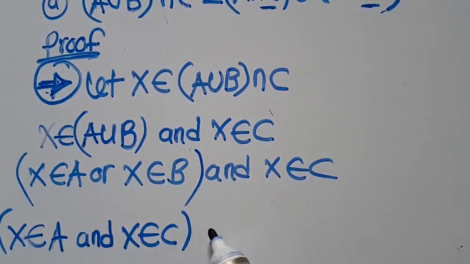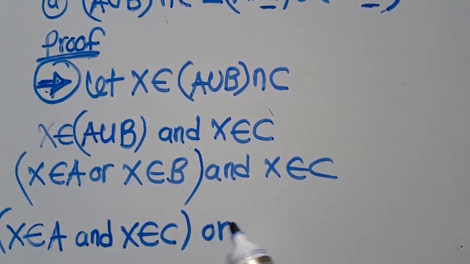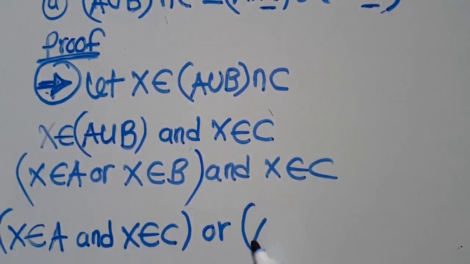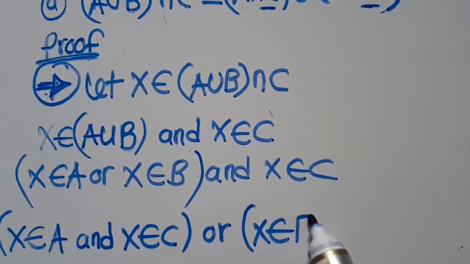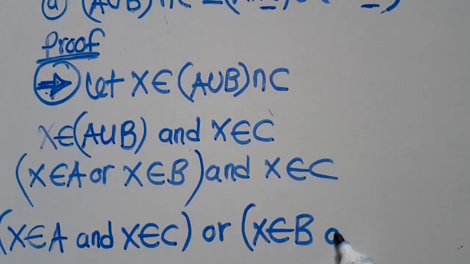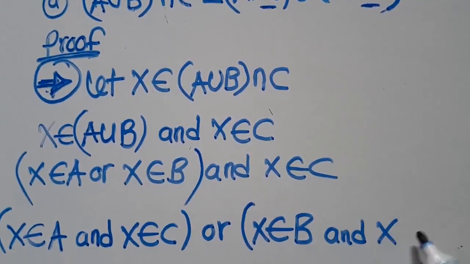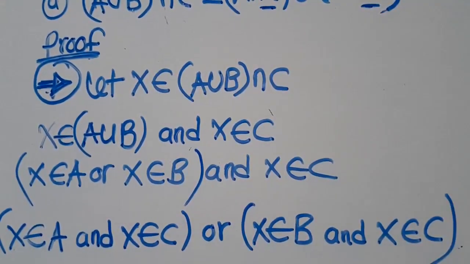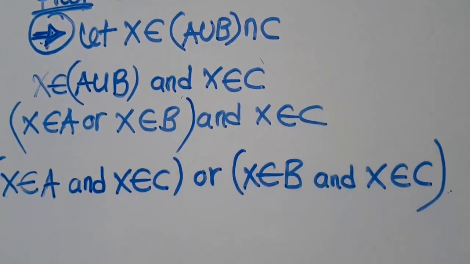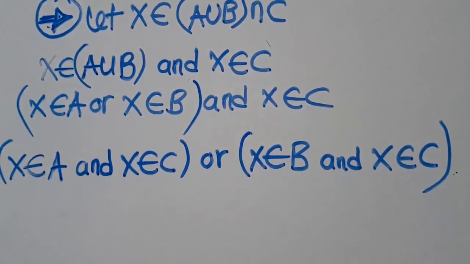I maintain the O, the or. I'll go with this one. Open bracket, X is a member of B, and X is a member of C. I do this. So this is what I need to get.